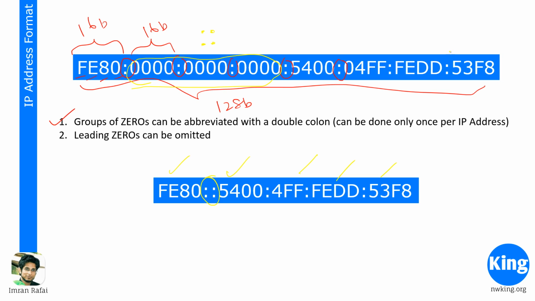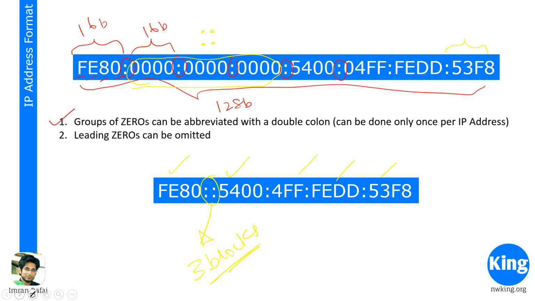You need 8 blocks of 16-bit numbers, and you only have 5. That means this double colon has 3 blocks of zeros, right? So that's rule number 1.